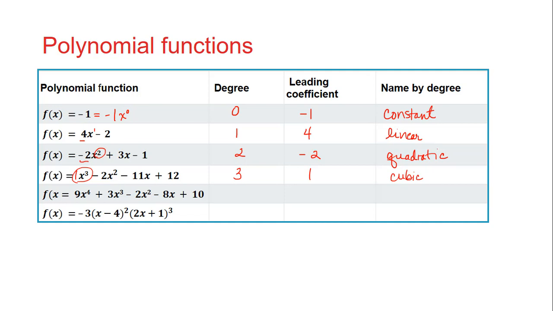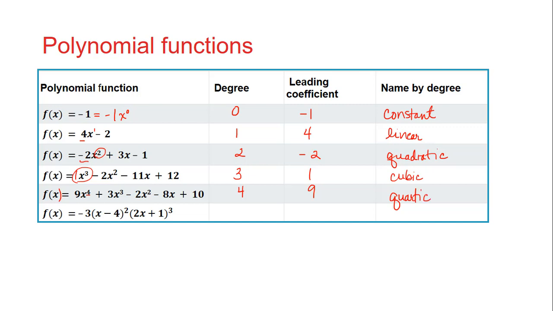And then f of x equals 9x to the 4th plus 3x cubed minus 2x squared minus 8x plus 10. This is a 4th degree polynomial, so the degree is 4, the coefficient of that term is 9, and this is a quartic polynomial.